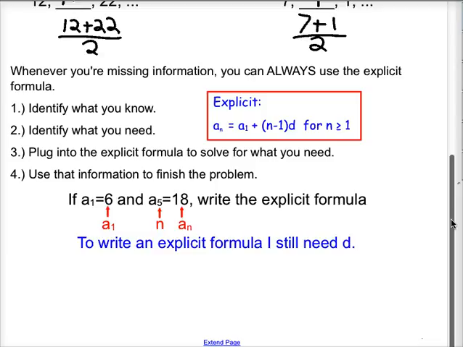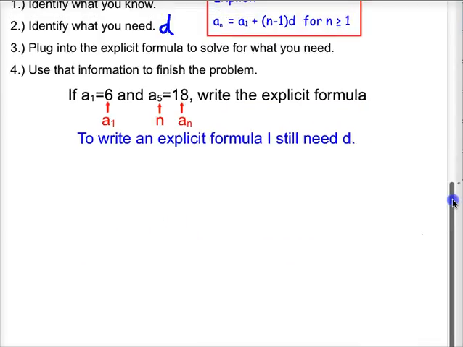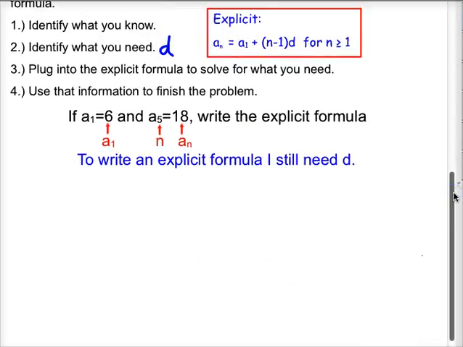Hopefully, you're asking yourself, well, what about d? Because when we were writing the explicit formulas in the previous lessons, you needed d. Well, that's what we can find. And the way that we're going to find it is by using the explicit formula. You can always find missing information with the explicit formula.